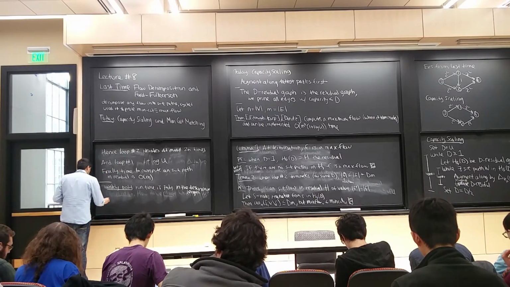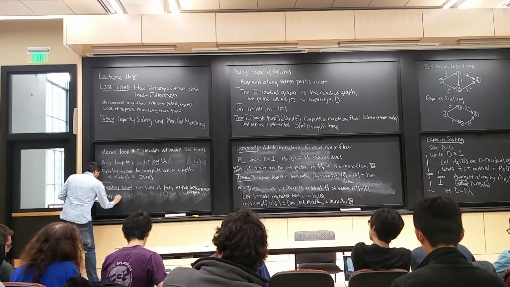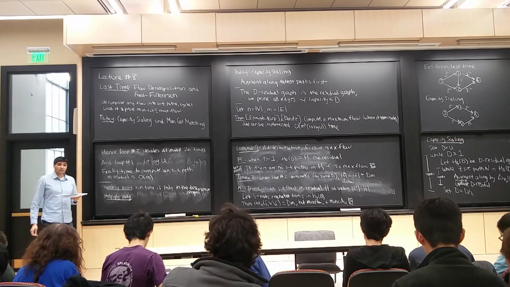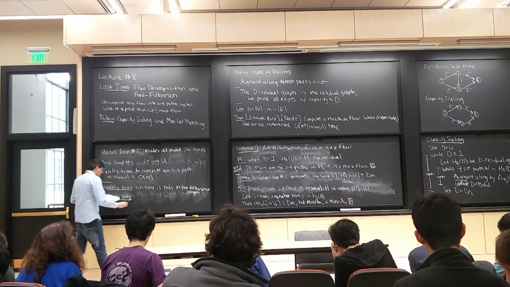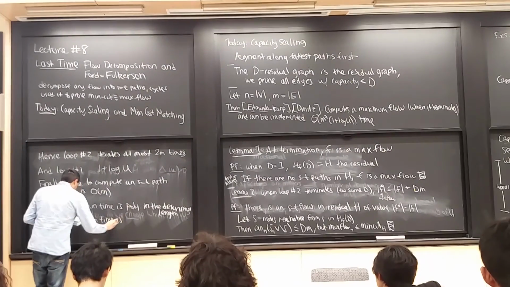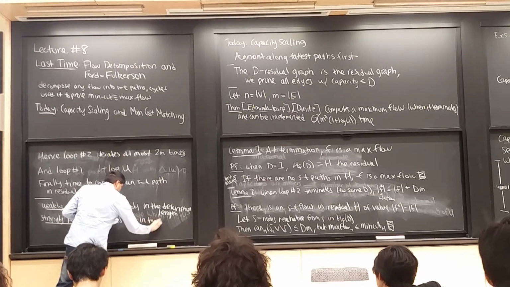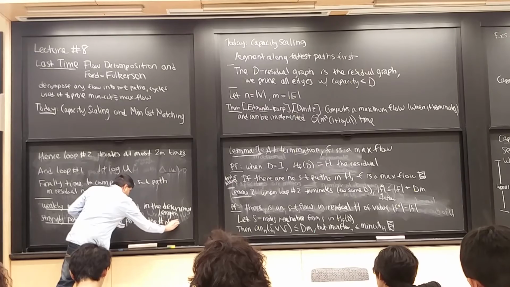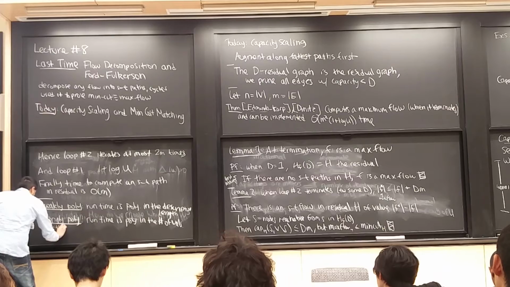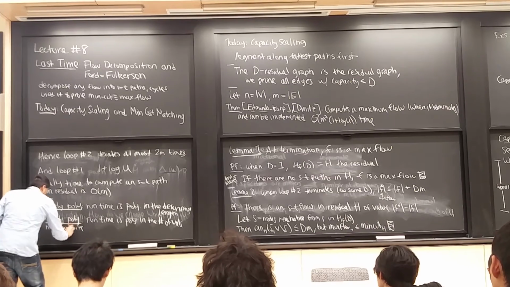Now there's something much stronger that you can ask for. What else would it be called except strongly polytime? What strongly polytime would mean in the case of max flow is that you want an algorithm whose runtime is polynomial in the number of values, not their size, or rather, log of their size.